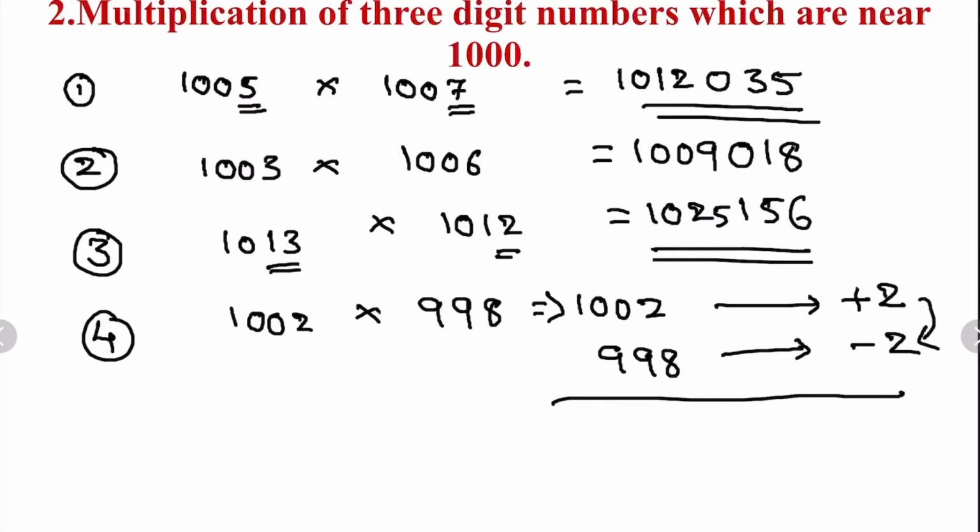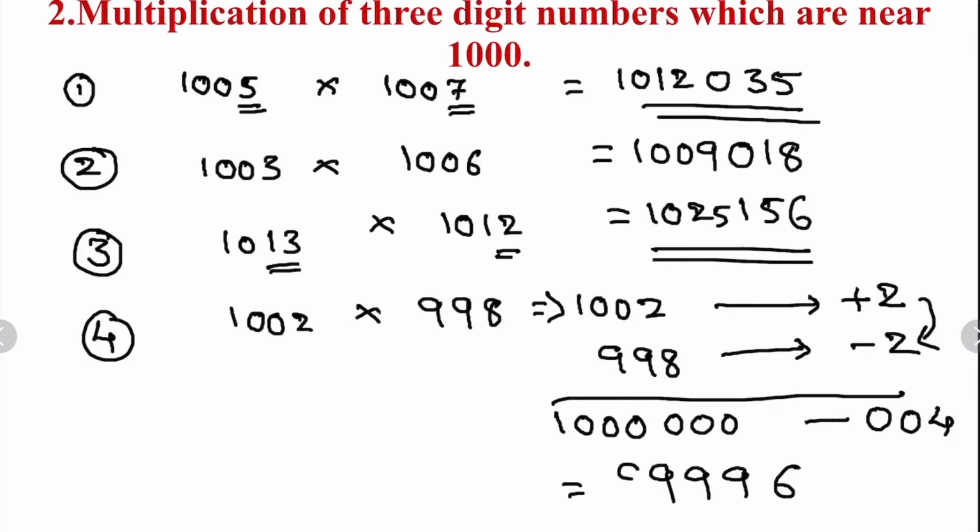Then plus into minus, minus 2 into 2, 4. So 0, 0, 4 you have to write. 1002 minus 2, 1000. Keep 3 zeros. Then if you subtract 0, 0, 4, then 999996. This is the answer.